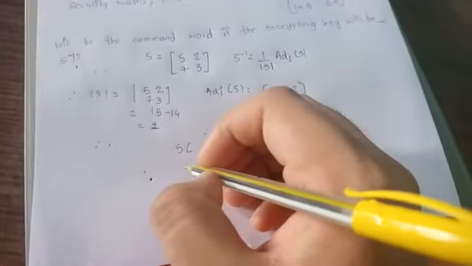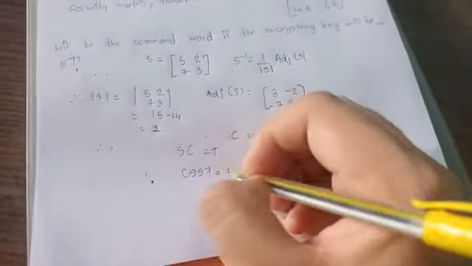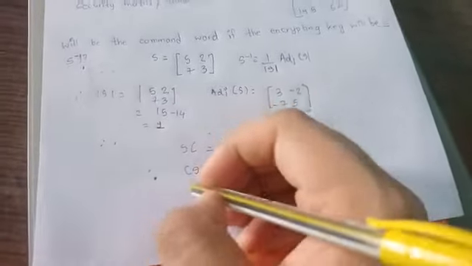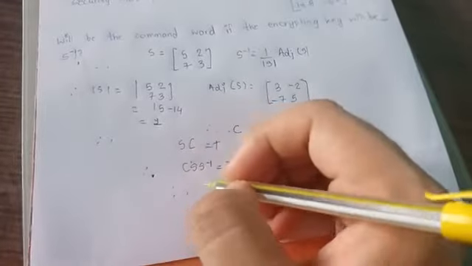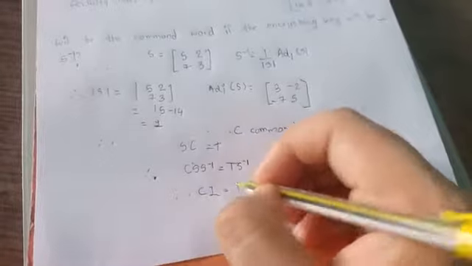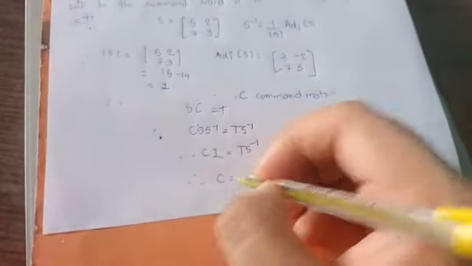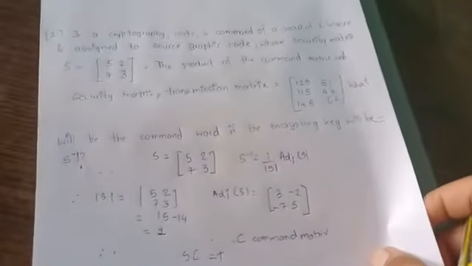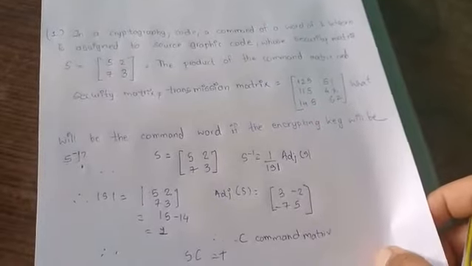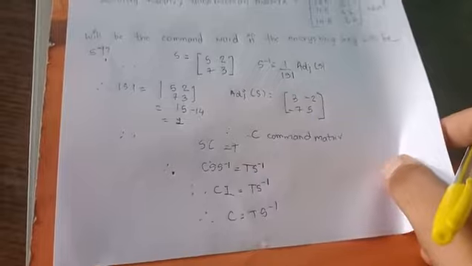Now this expression can be simplified as C S S inverse is equal to T S inverse. But S into S inverse becomes the identity matrix I. So it becomes C I equal to T S inverse. Therefore, C can be written as T into S inverse. Now we have been given the transmission matrix T, so it becomes easy to find the command matrix and ultimately the command word.